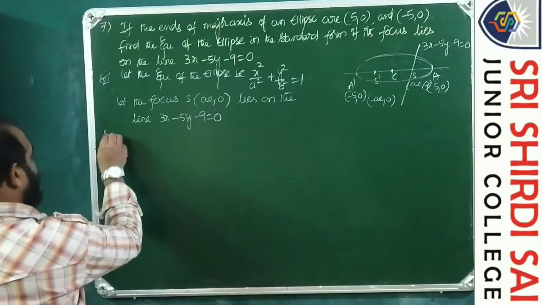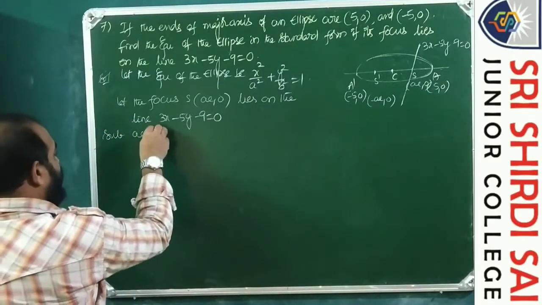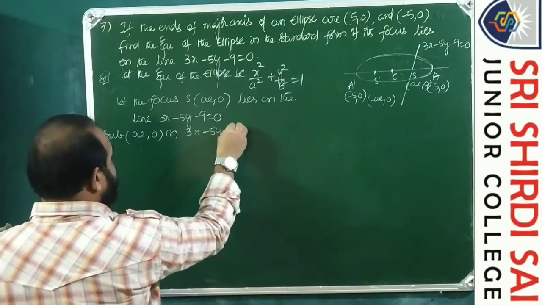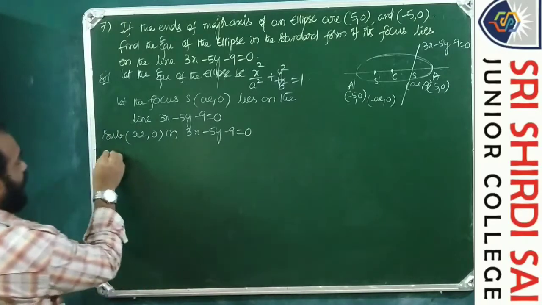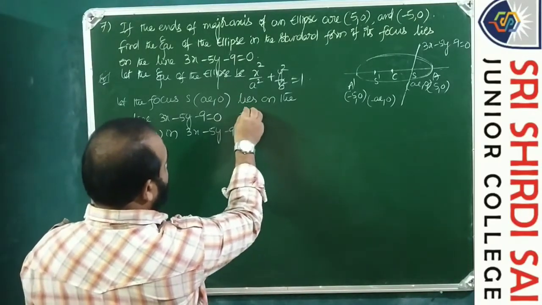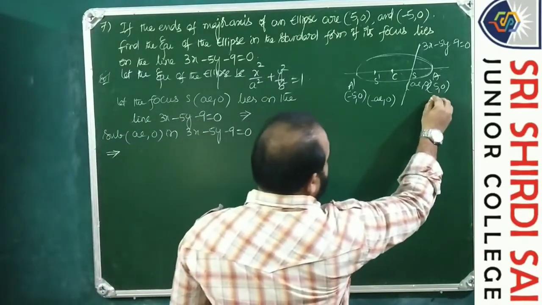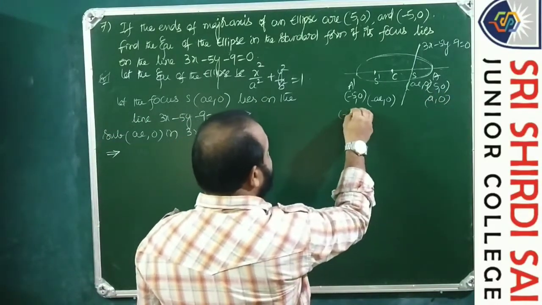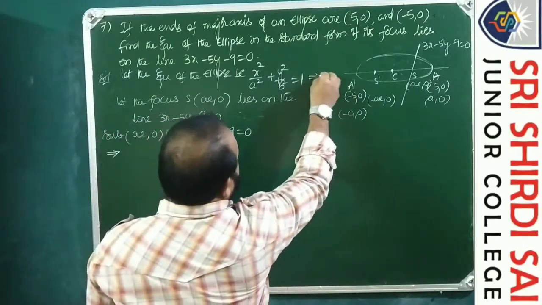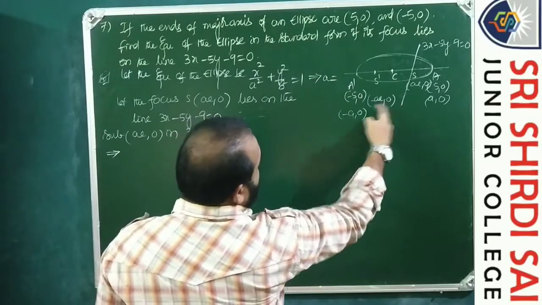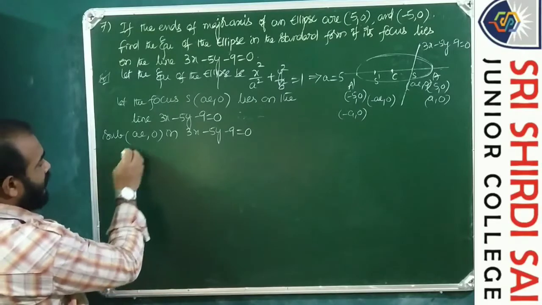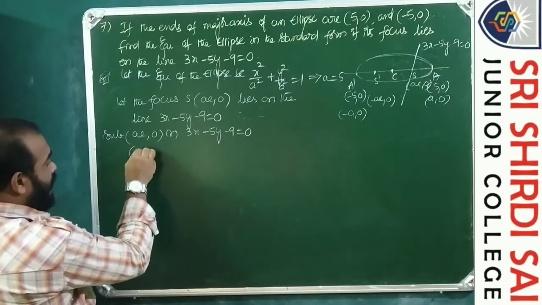Substituting (ae, 0) in the line equation 3x minus 5y minus 9 equals 0. Here a is equal to how much? So this is (a, 0), this is (-a, 0). Therefore a is equal to 5. So that is (5e, 0).